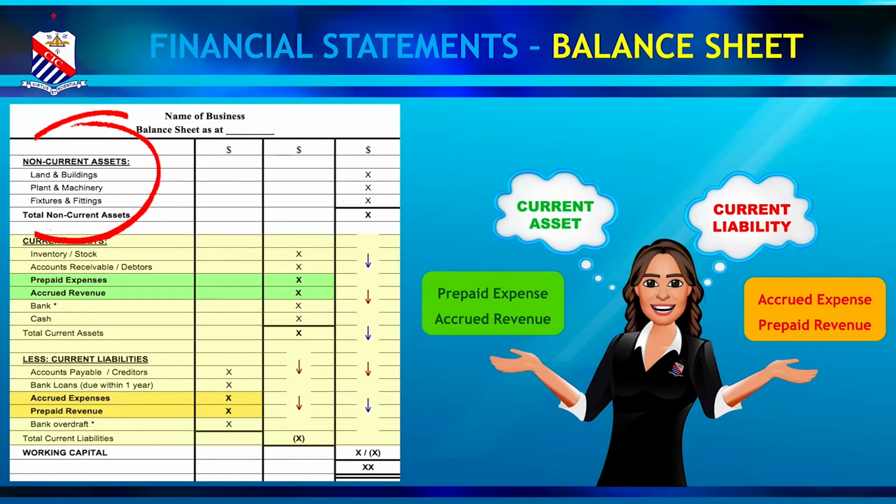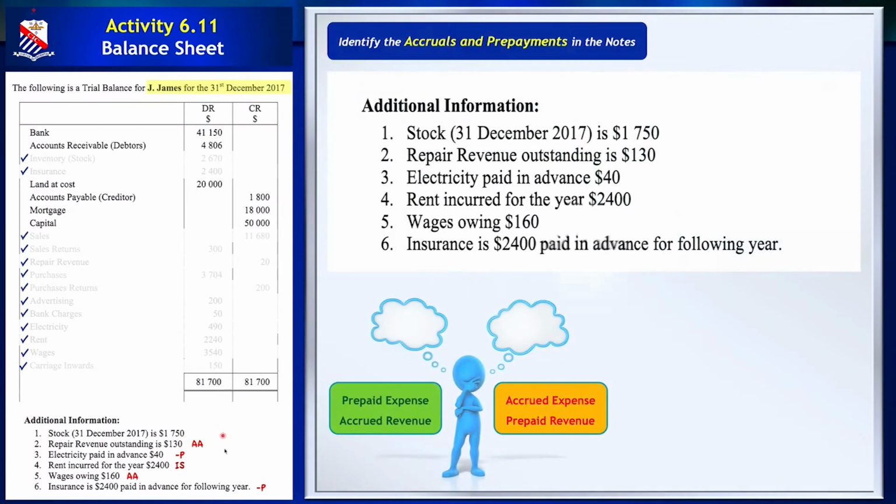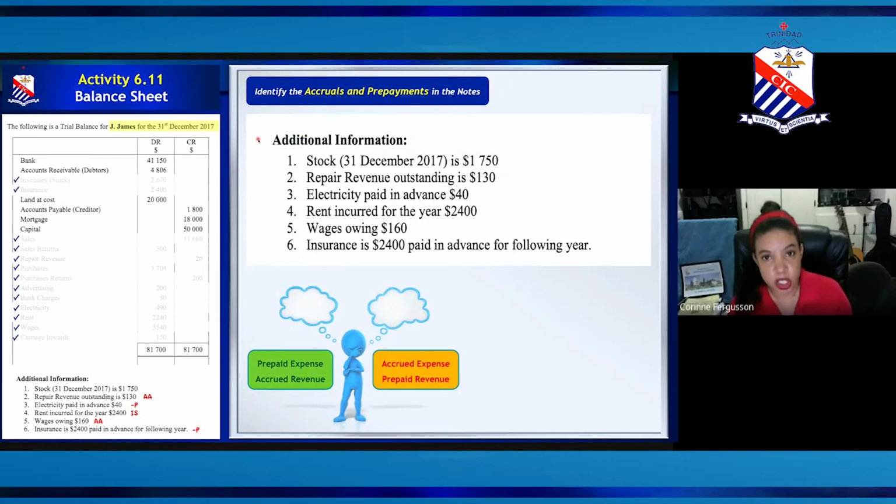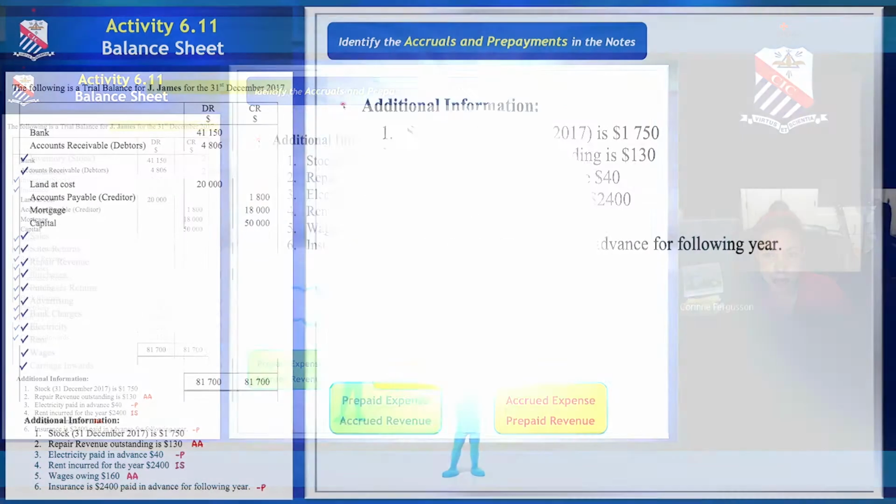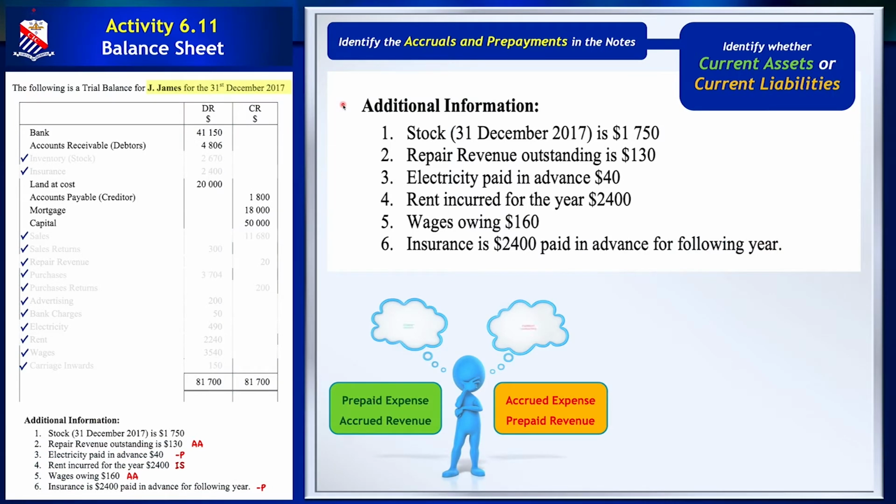But I am just going to do it first, and then we are going to start the balance sheet, right? So I'm going to show you the process. So the notes usually tell you the adjustments or the accruals and prepayments. And therefore, when you identify the accrual or prepayment, then you would know whether it's a current asset or a current liability. So I'm going to show you exactly what I mean, the process again.